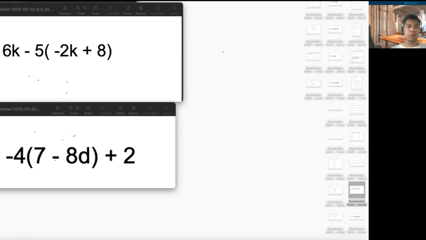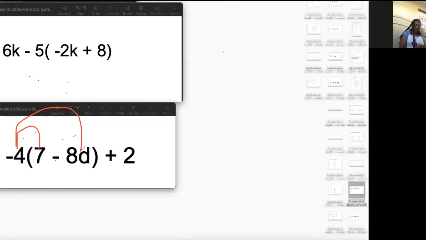Madison, check your answer again. You have to distribute 4 to 7 and then to negative 8D. So you have to multiply that to both. So check it.